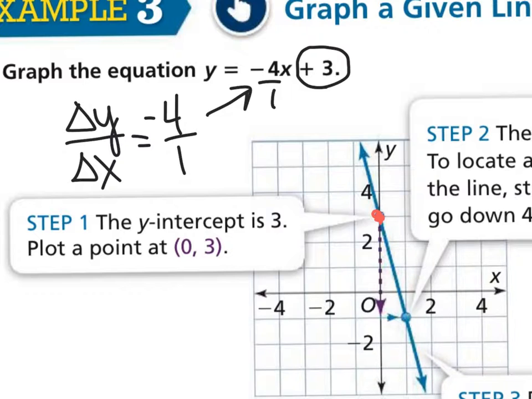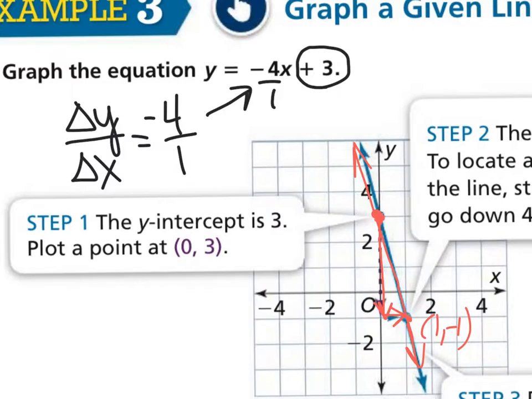So if I'm at 3 and I go down 4, that'll take me to negative 1. Change in x is 1, so we go over 1, and that would take us to this point 1, negative 1. And then that's enough, technically 2 points. We can draw a line that goes through those points, and we would be good.